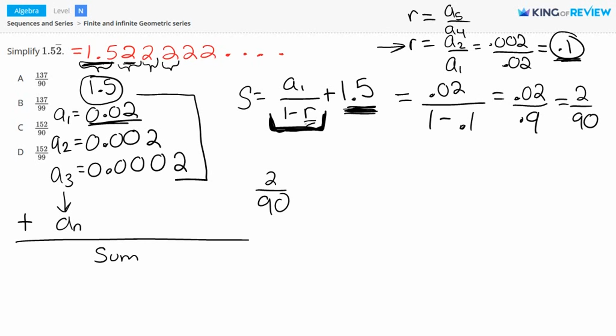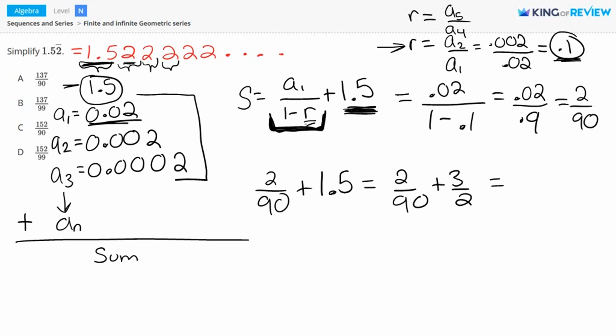And now we need to add in this 1.5, which was the initial non-repeating portion. So let's write 1.5 as a fraction. So we have 2 over 90 plus 3 halves. And when we're adding fractions, we need to come up with an LCD.